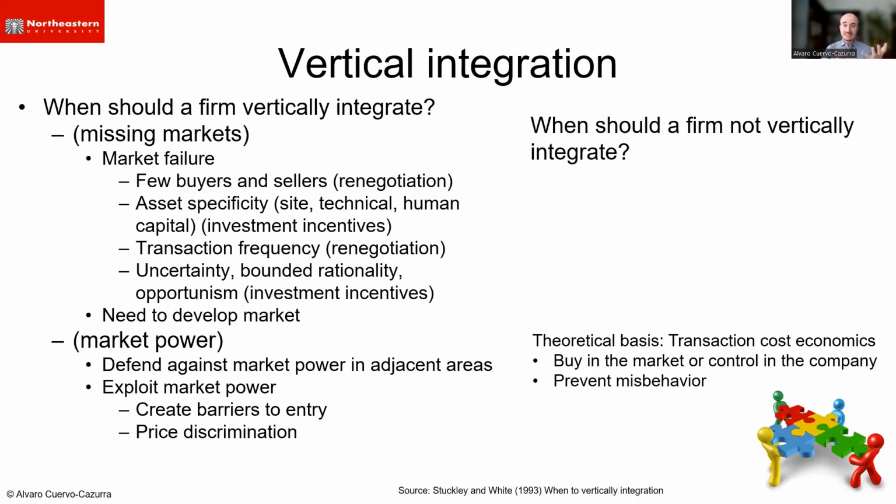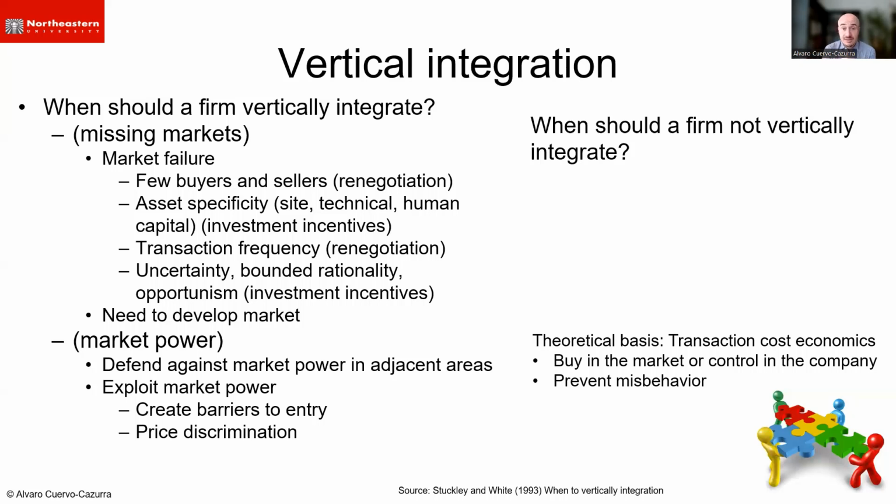So the idea here is, in cases of potential market power, you may want to integrate, either because you want to prevent others from exercising market power on you, or because this is a strategy where, if you control a particular segment, you can exert market power. You are the only or one of the few providers of a particular important product or service, and therefore others have to basically take the price. And you're going to be capturing some of the value that they're creating for others.